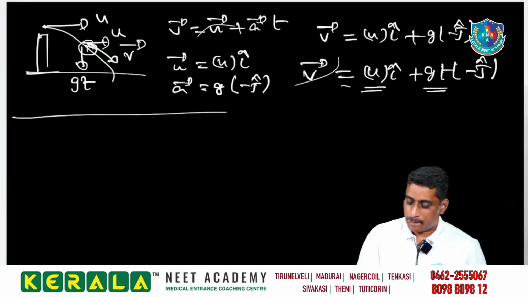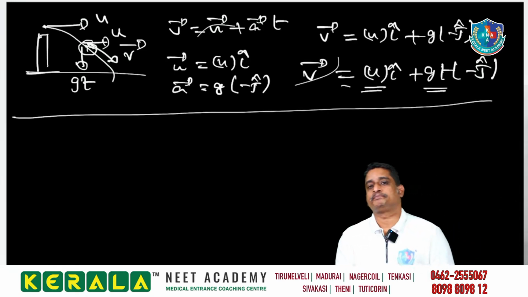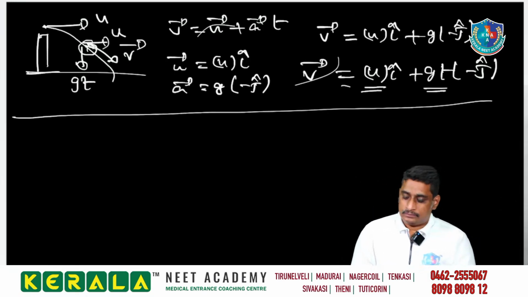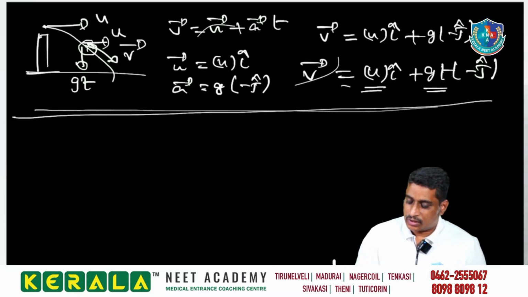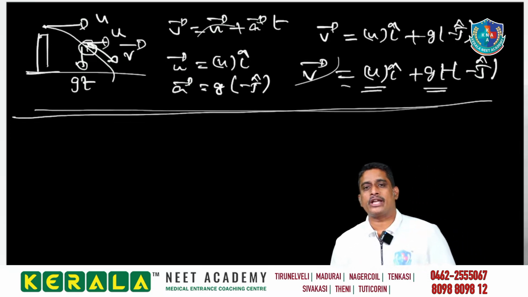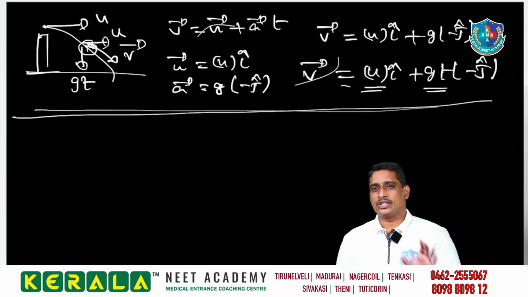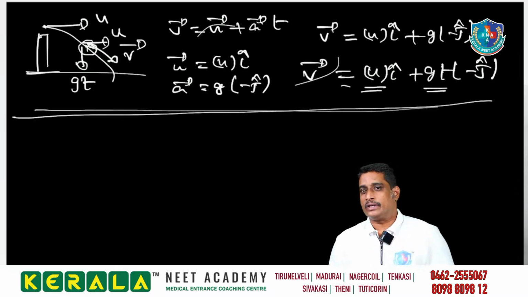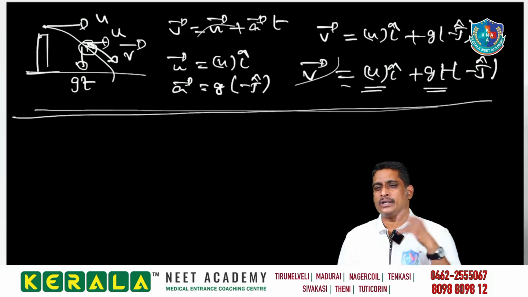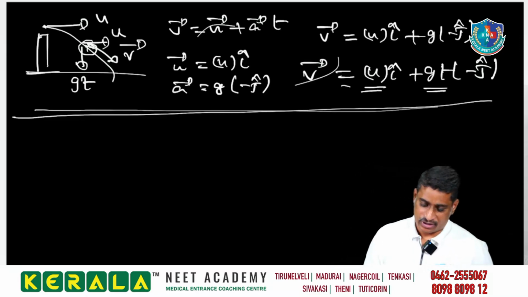Come to the next point. In the part of one-dimensional motion, I already told you that you have to focus on three areas, and the third part will be graphical representations. I will give you a brief idea relating to different kinds of graphical representations.